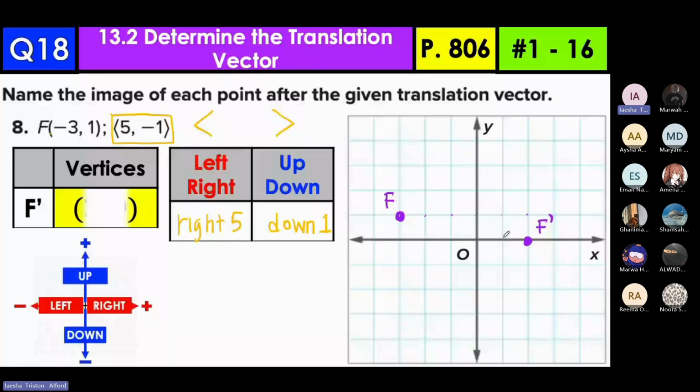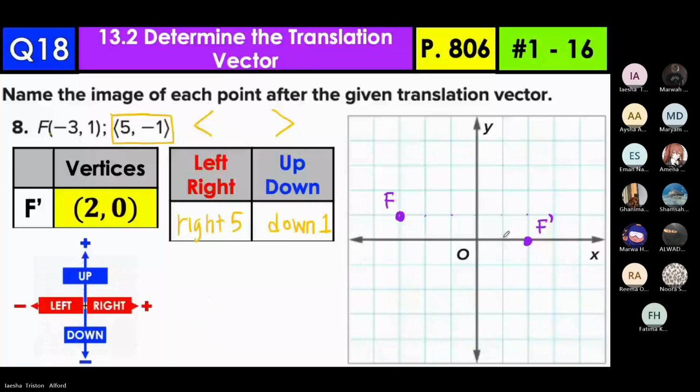Can I teach you a shortcut? Are you guys ready for a shortcut? Yes. Okay. There is a shortcut. If they don't give you the graph, take the shortcut. If they ask you to draw and label, there's no shortcut, understand?